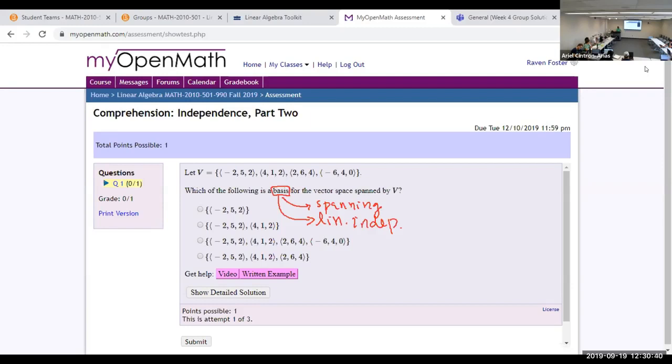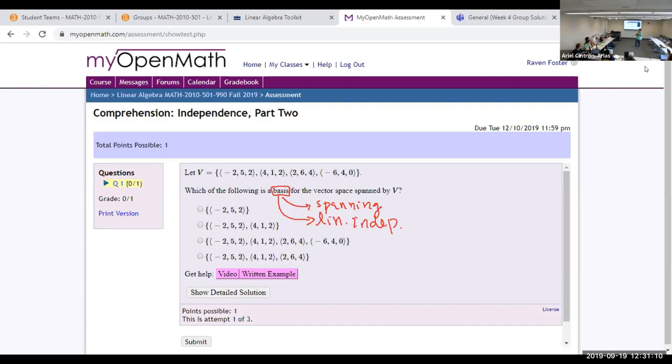Okay, so this has to do with the following. Is it possible that the original set is redundant? If this original set is dependent, then at least one of the members is a linear combination of the other members.